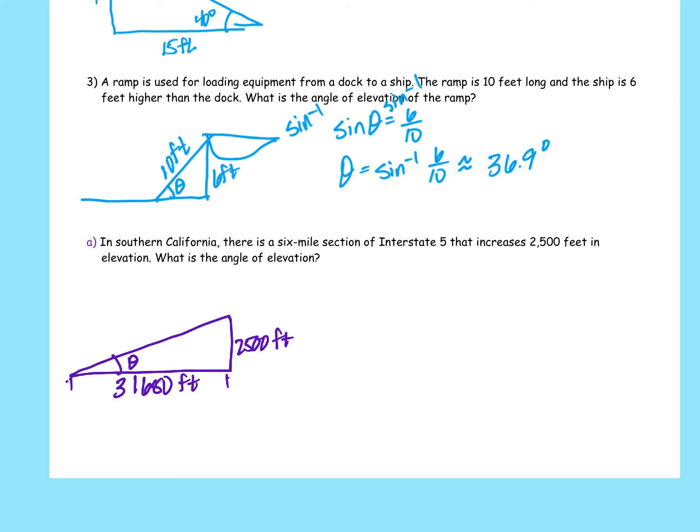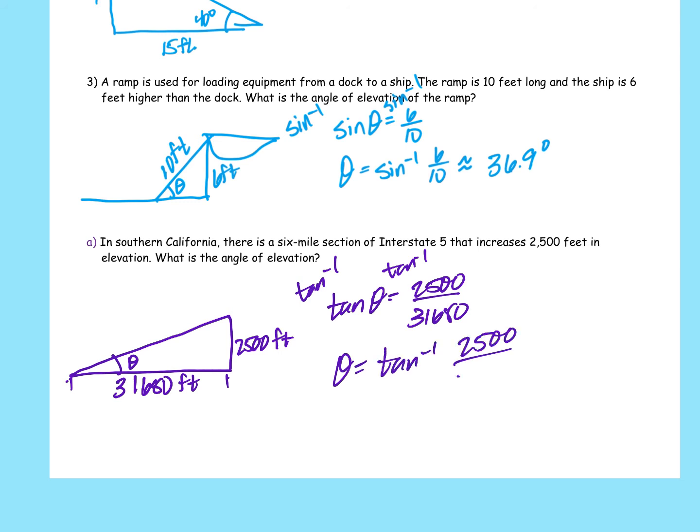And then, what do I get? Tangent of theta equals 2,500 over 31,680. Theta is going to equal tan inverse of 2,500 over 31,680, which is approximately 4.5 degrees.